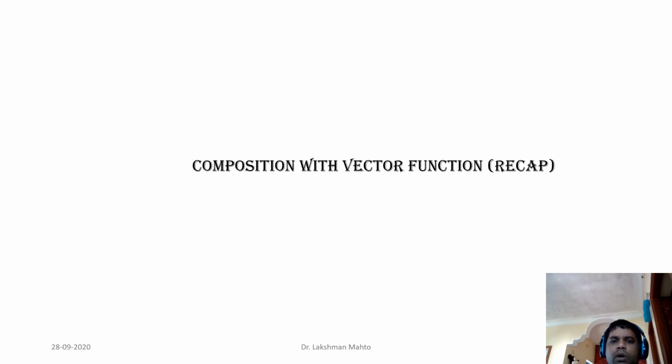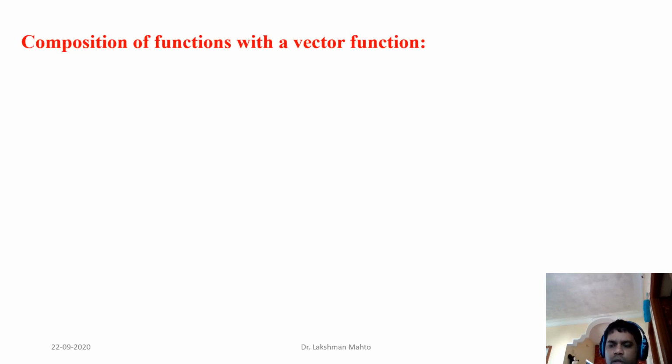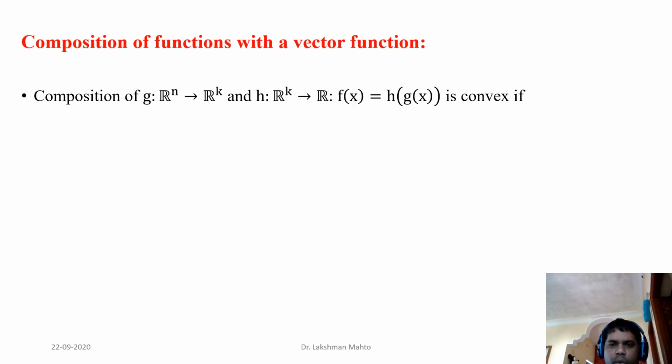So I am coming back to the recap of composition with vector function. Here I will talk about a systematic approach to deal with the composition with vector function and how it preserves convexity. I have already mentioned that generally the composition of two convex functions may not be a convex function, but in a specific scenario, if you do composition, then it will definitely preserve convexity. So what was that scenario?